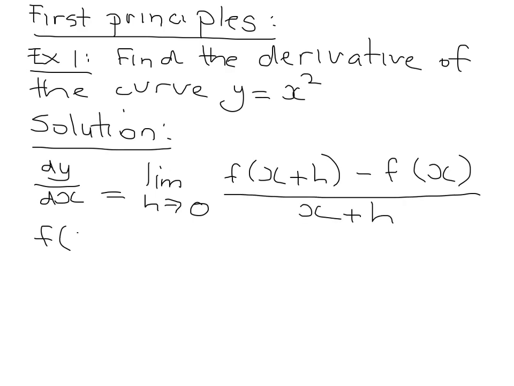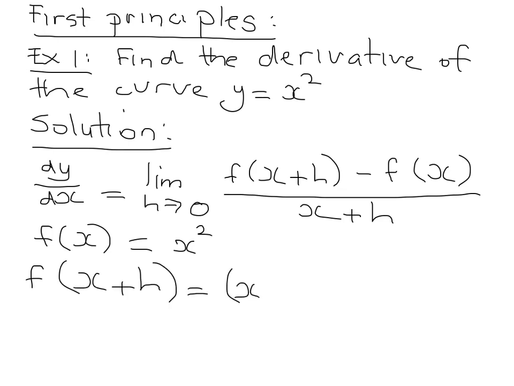So we know what f(x) is, that's the same as y. f(x) is x squared, and f(x plus h), well, anywhere you see an x, you now put an x plus h and do the required operation. So it's x squared plus 2xh plus h squared.